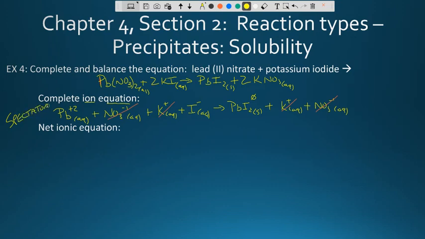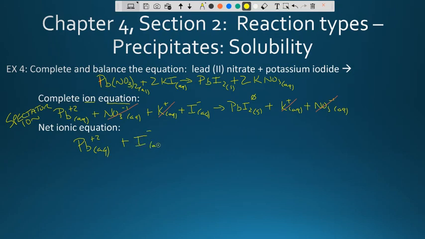Spectators are those people that are in the stands that are watching a sport go on. The reality is they don't really matter. So what we're saying in terms of chemistry is the nitrate really isn't important in this equation, nor is the potassium. Instead, what we see is that my lead is important in this reaction, and my iodine is important.